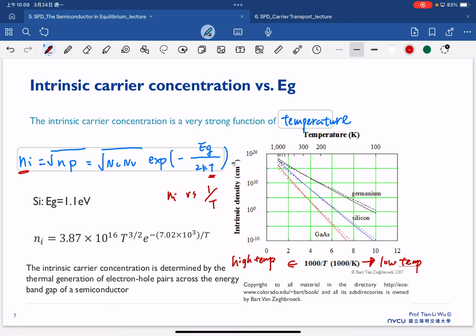So now we can see that if we just look at the silicon, low temperature has a lower intrinsic carrier concentration, and high temperature has a higher intrinsic carrier concentration. On the other hand, the intrinsic carrier concentration is determined by the thermal generation of electron hole pairs across the energy band gap.